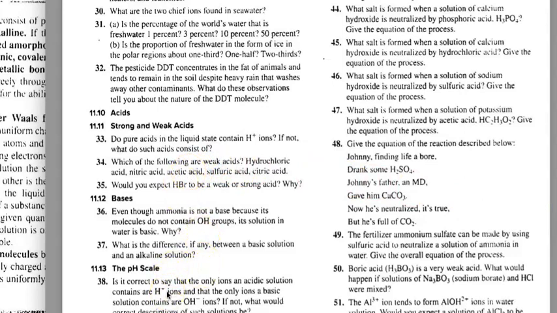33 asks the question, do pure acids in liquid states contain the hydrogen plus 1 ions? If not, what do such acids consist of? Pure acids, like hydrochloric acid, HCl, do not contain the hydrogen ion. It's important to think about that HCl is covalently bonded. It only liberates the hydrogen ion when placed in water.